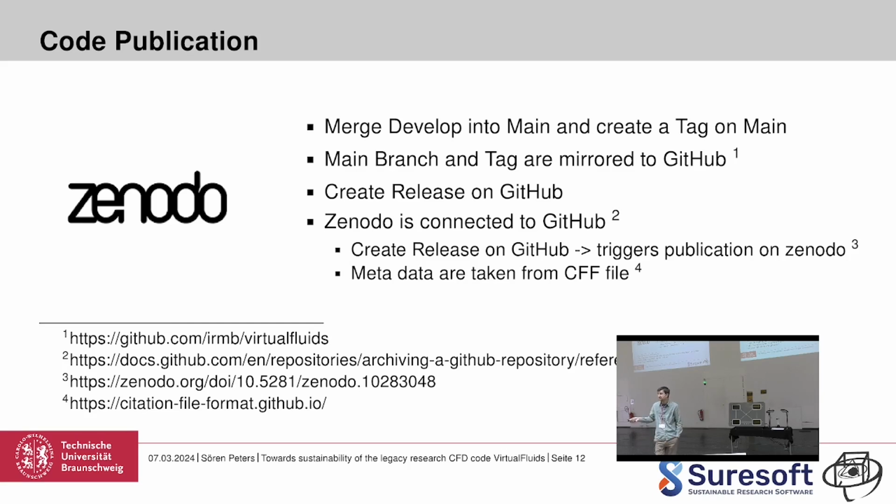The only reason for that is that we want to make use of this nice feature from Zenodo, the integration of the publication. So if we create a release on GitHub, then this triggers an automatic release on Zenodo.